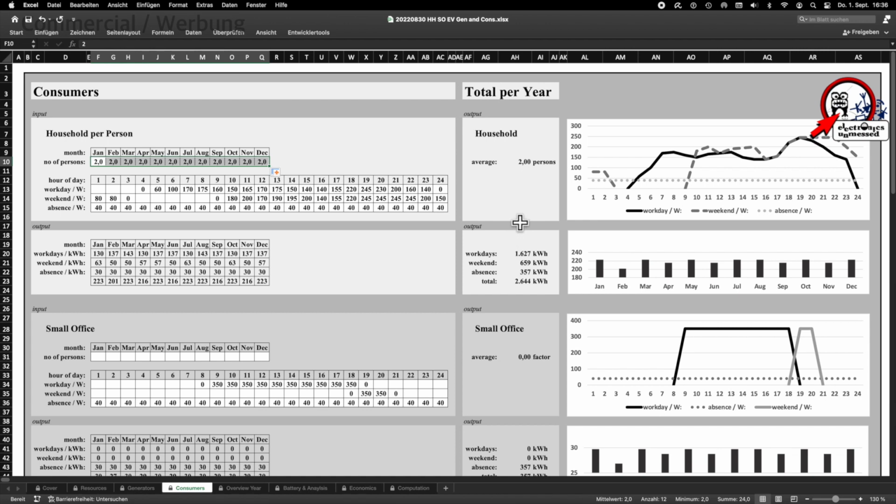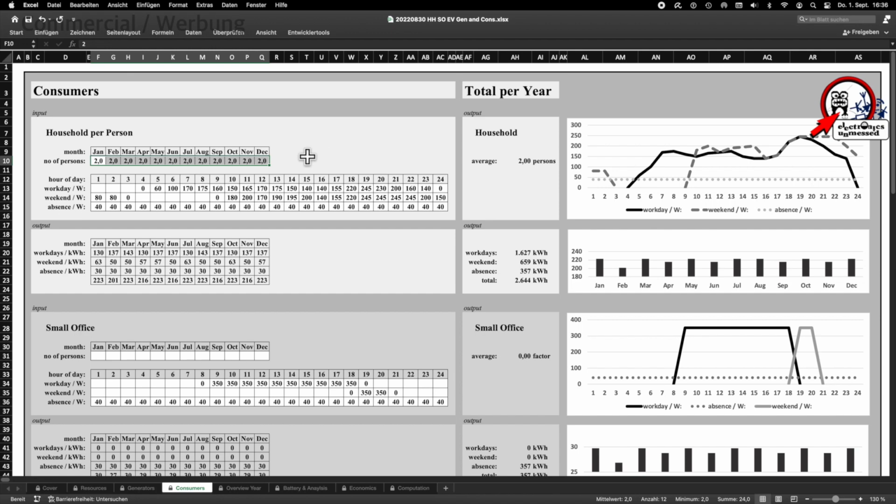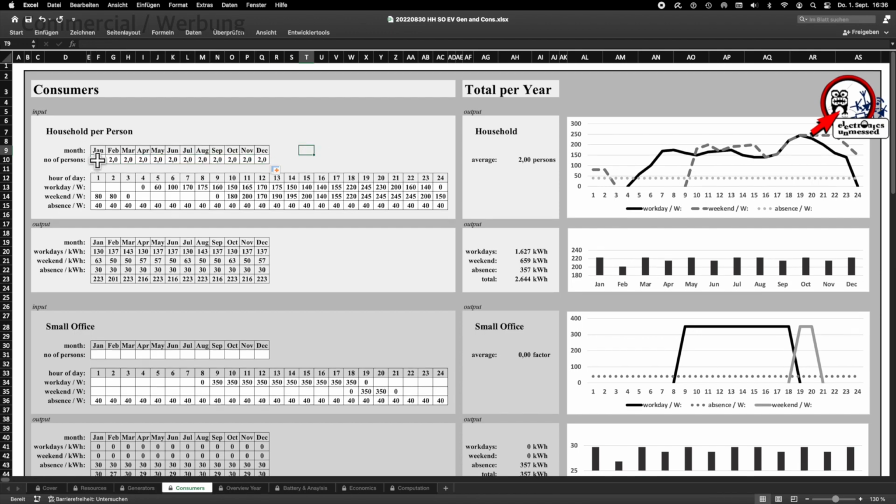The outputs in the middle section are dedicated to cross-check with your own country standards or your actual consumption in a year. Now we want to represent our actual situation. From January till May, there are 3 persons living in our household. In June, there are 3.5 persons, and in July, there are 4 persons present.